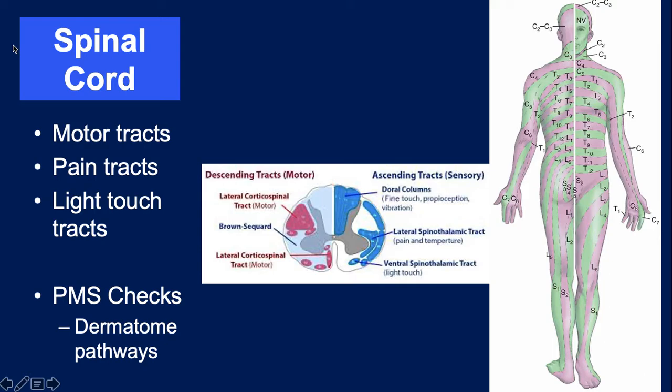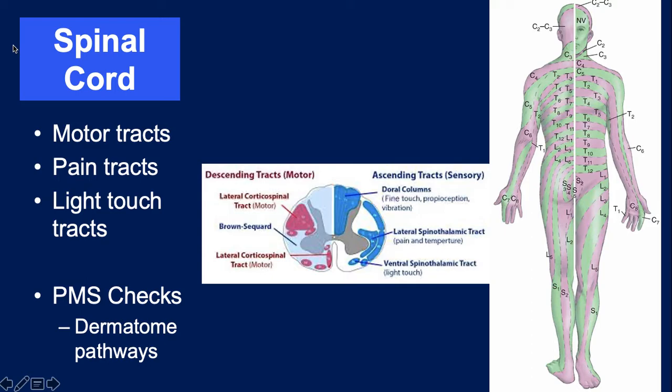So if you would only check just one pathway or two pathways, you might miss the fact that this person does actually have spinal cord involvement, and they need to be treated at a trauma center and placed in spinal motion restriction. So when we do proper PMS checks, we're going to check the motor tract, the pain tract, and the light touch tract as well, including, of course, their pulses.